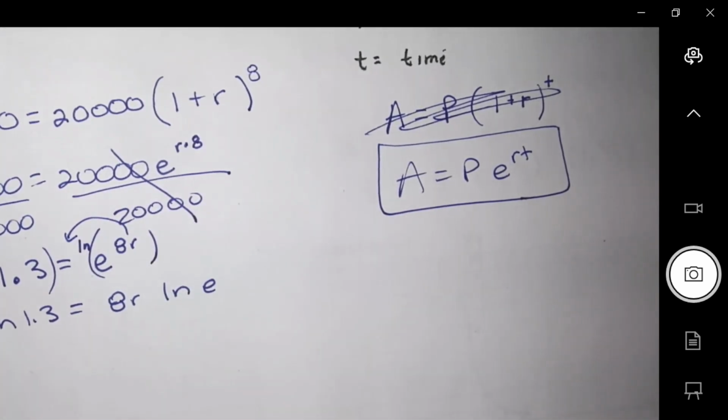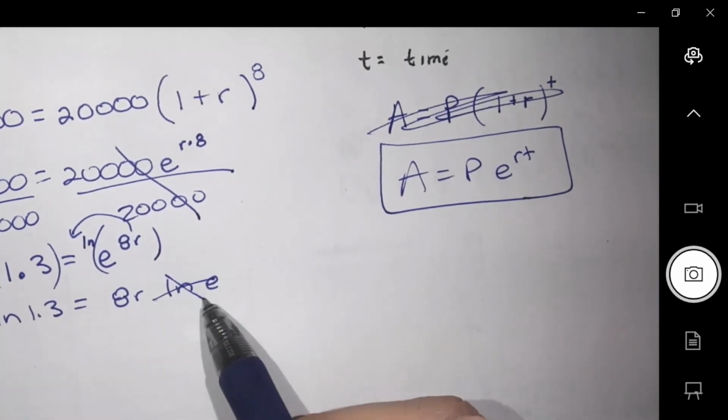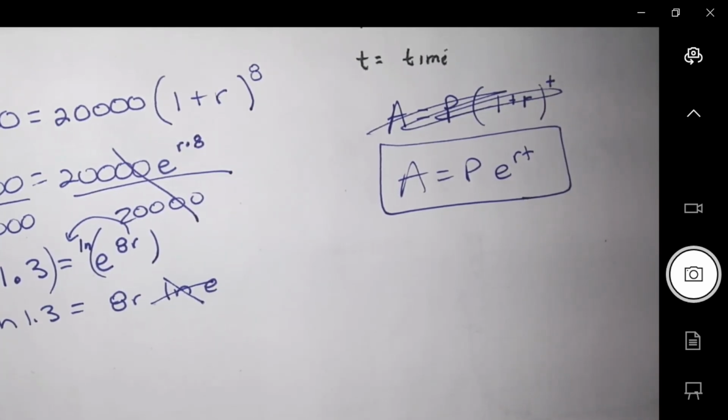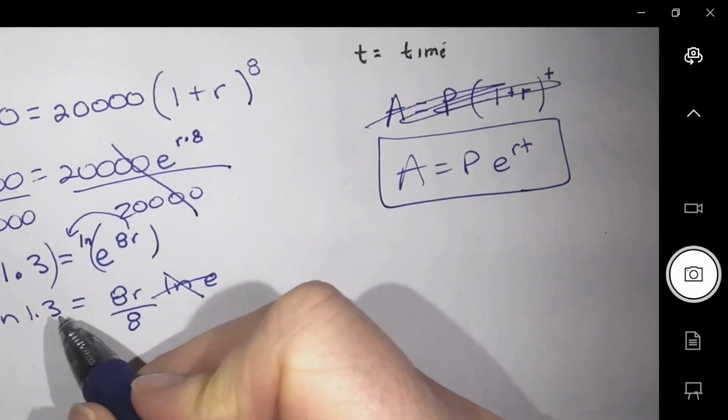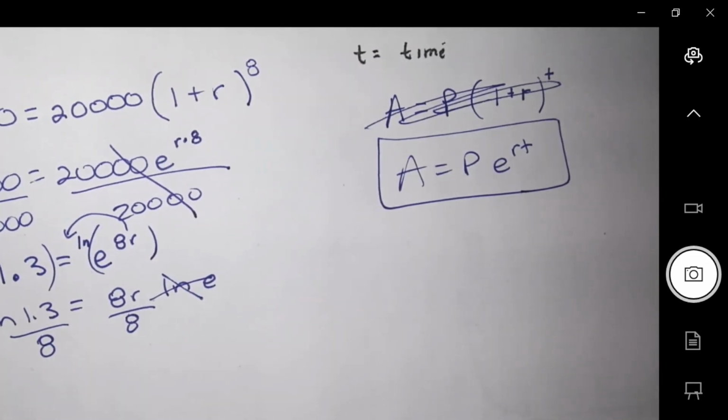So the power rule applies there to move the 8r to the front. Then I can cross off ln of e and divide by 8.